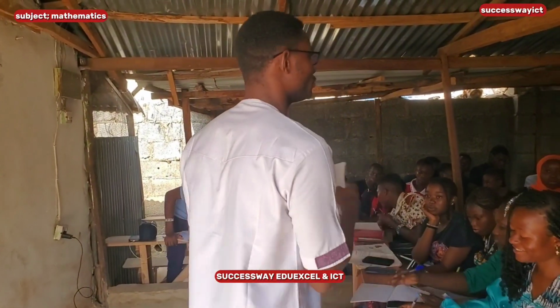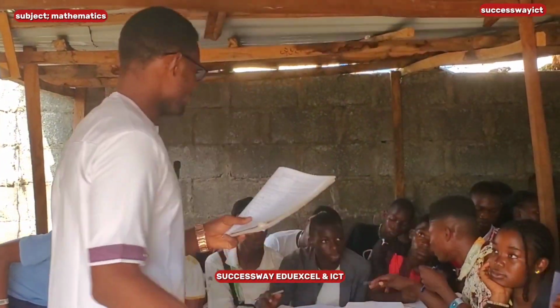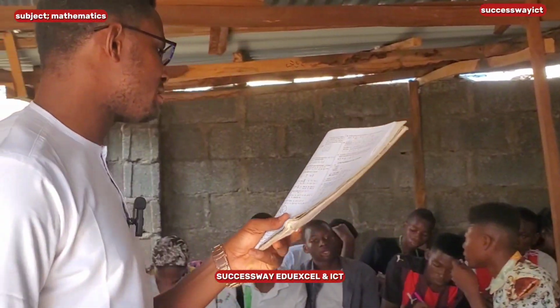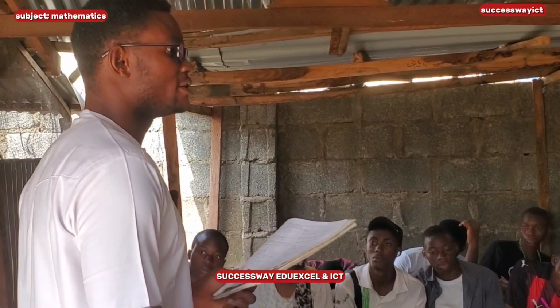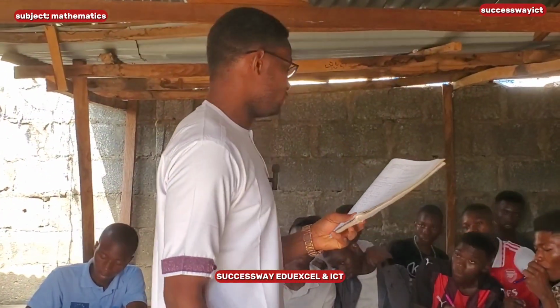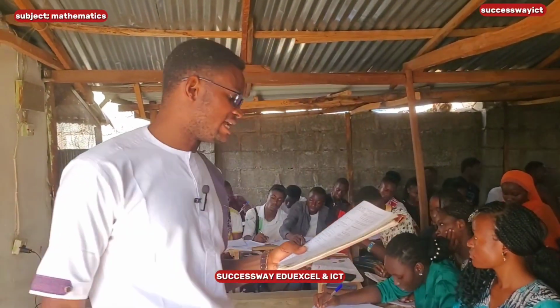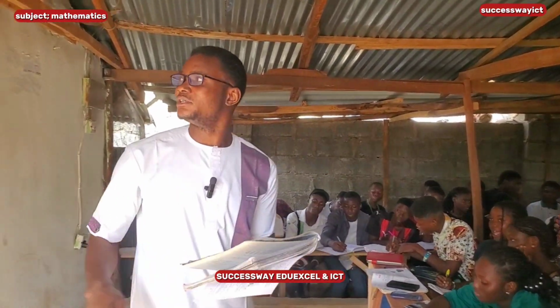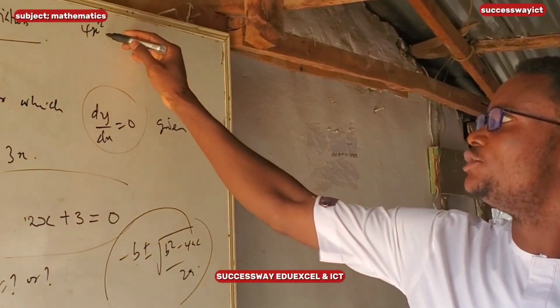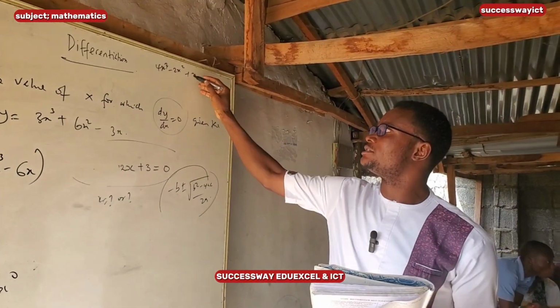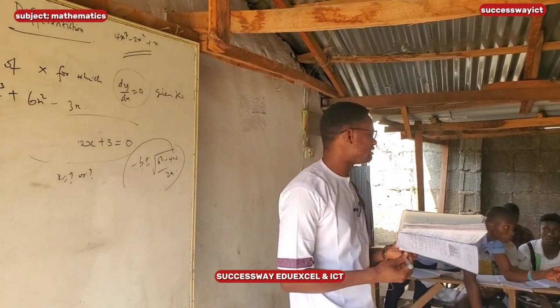All right. Look at this question. If y is equal to 4x cubed minus 2x squared plus x, find dy/dx.